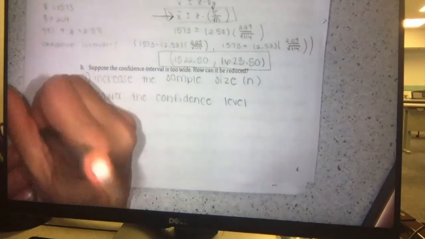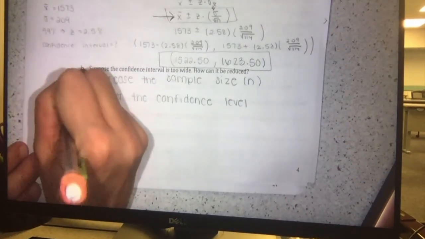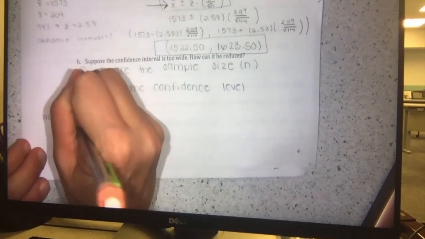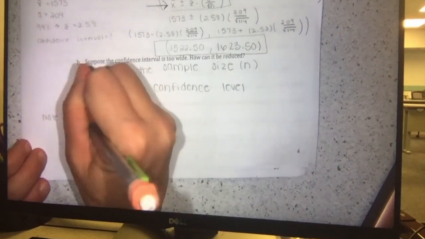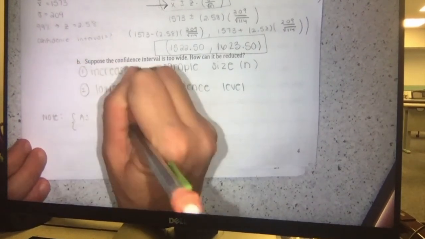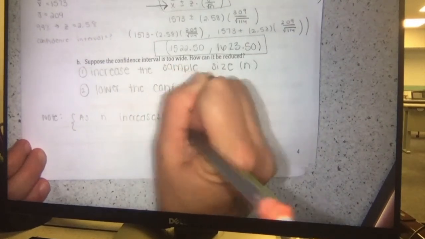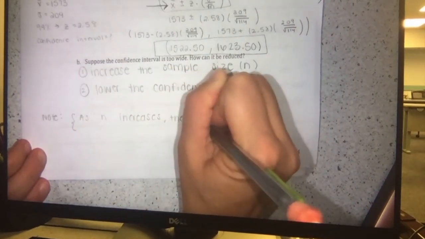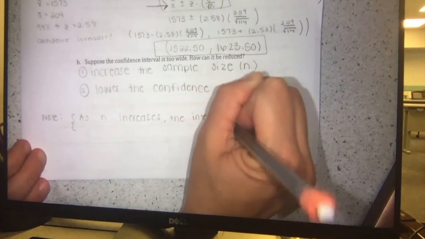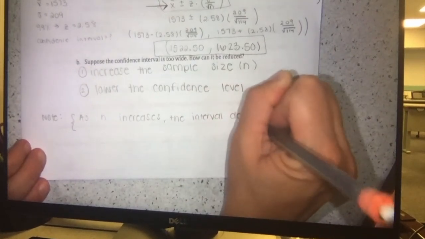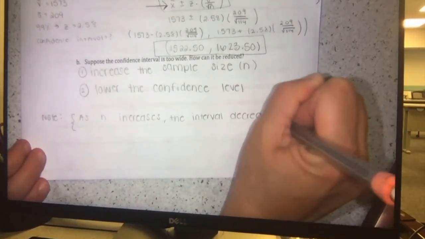So just a little side note down here. The way they word it sometimes, I wanted to make sure that you've seen this wording. As n increases, n remembers the sample size, the interval decreases. Our interval gets smaller, gets more precise.